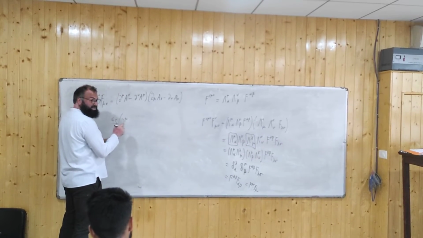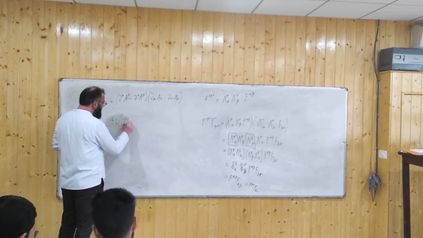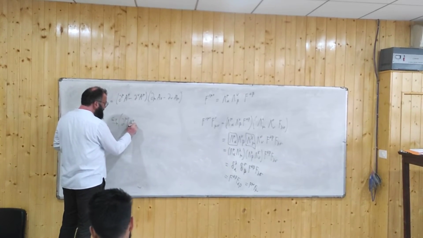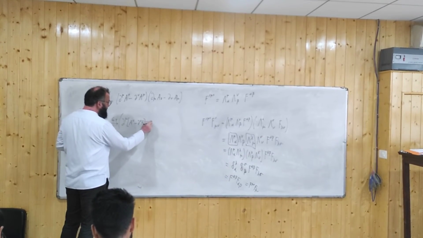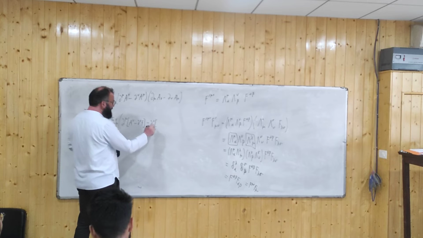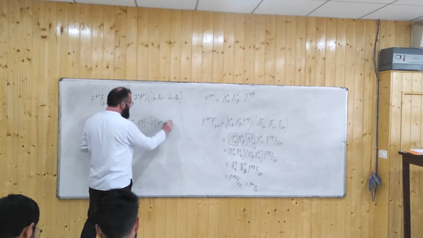Just tell me what will be A nu? A nu will be simply A nu minus partial nu F, okay? Then what is A mu? It will be simply A mu minus partial mu F, clear?